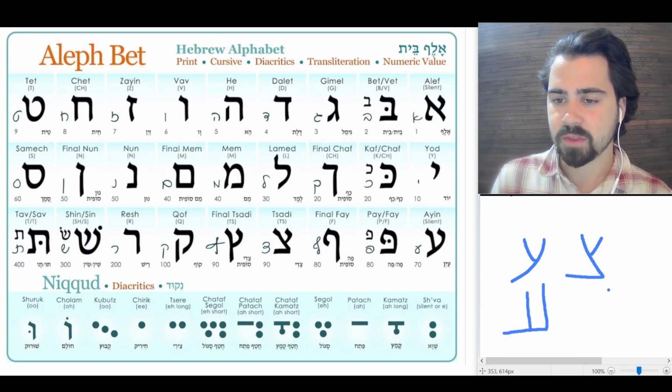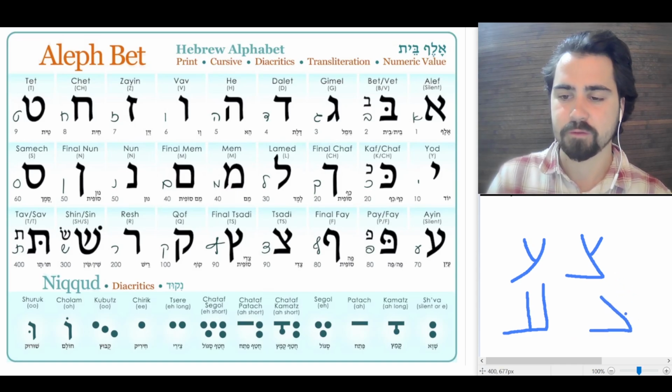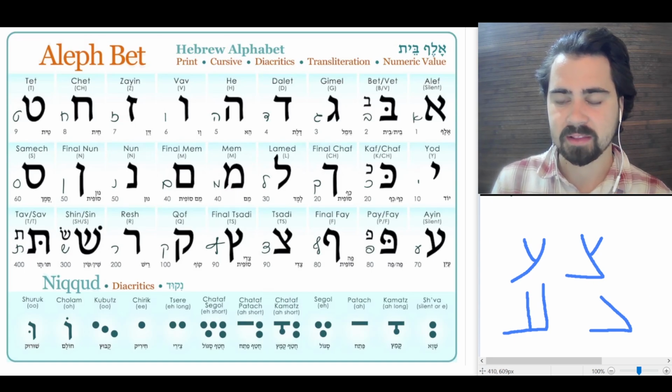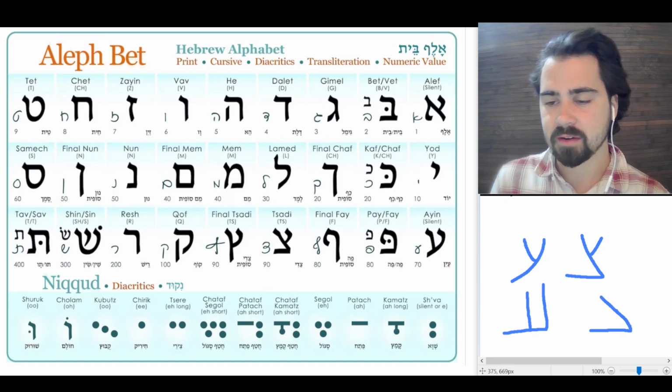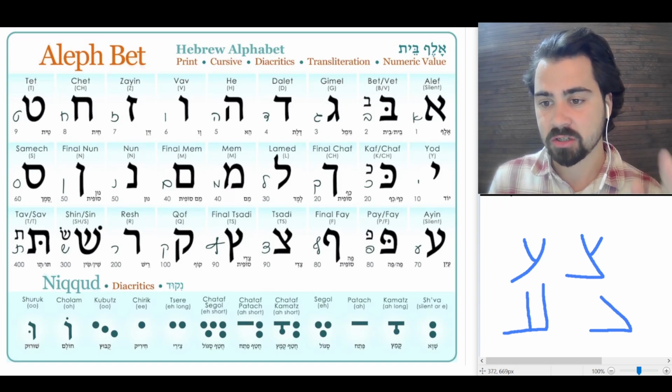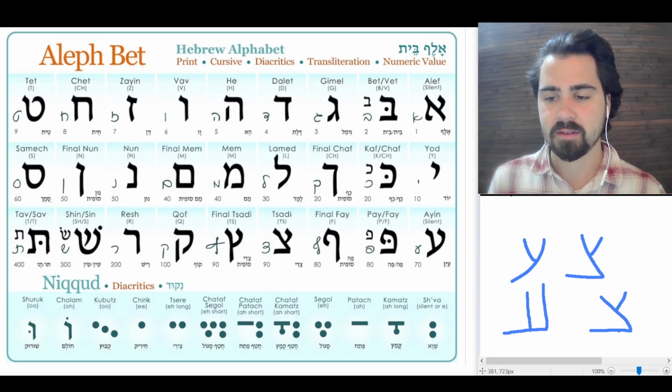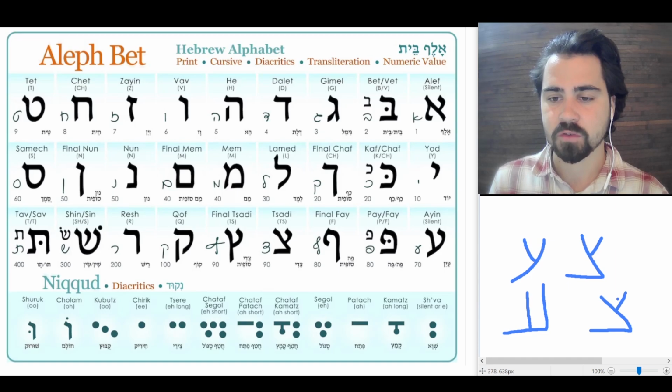With the tzaddik, it's pretty distinctive. We have this kind of lesser than or greater than sign, and a small branch coming off of it, as if it was a branch from a tree.